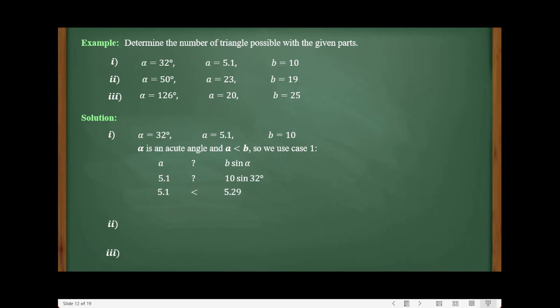Okay, so 5.1 is shorter than 5.29, which is this one. So what does this imply? It means there is no triangle formed. Okay?